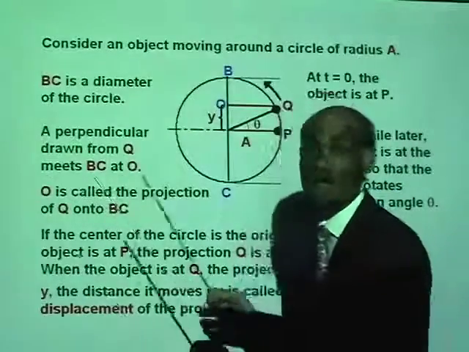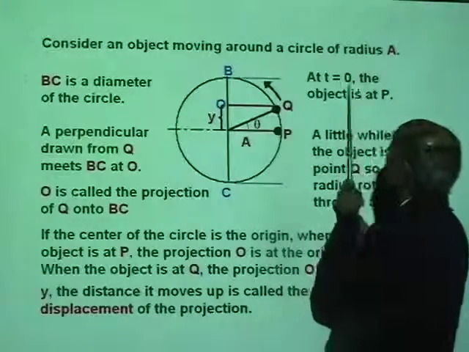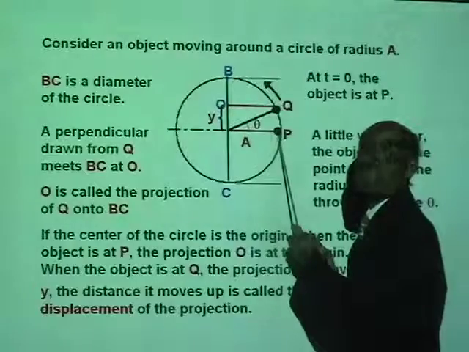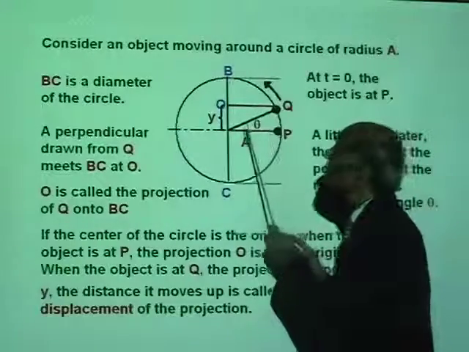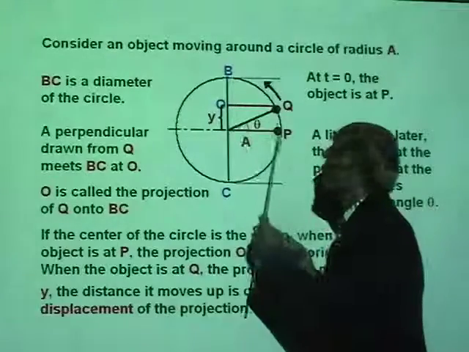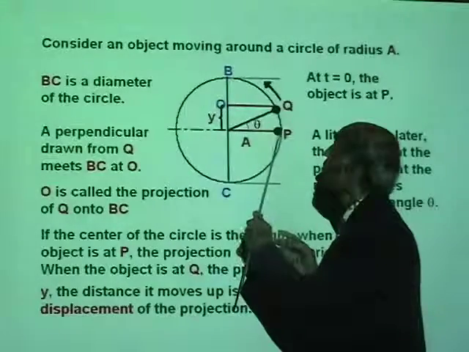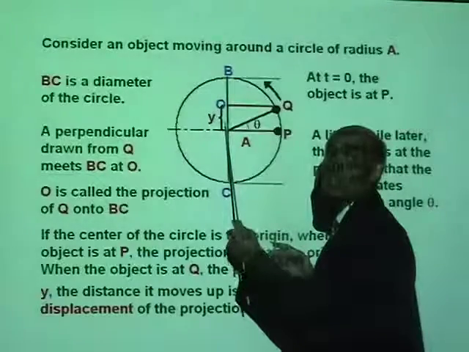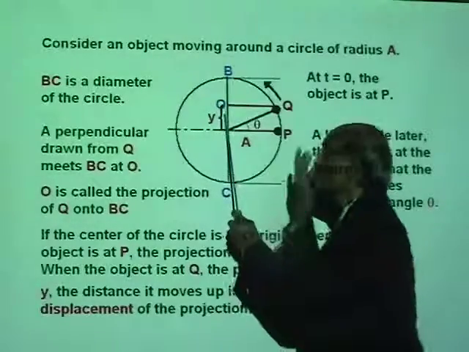Alright, shall I say that again? When I start my clock, t equal to 0, the object is at P. When the object is at P, its projection is at the origin. And as P moves along the circle, what happens to its projection? It moves up on the diameter.